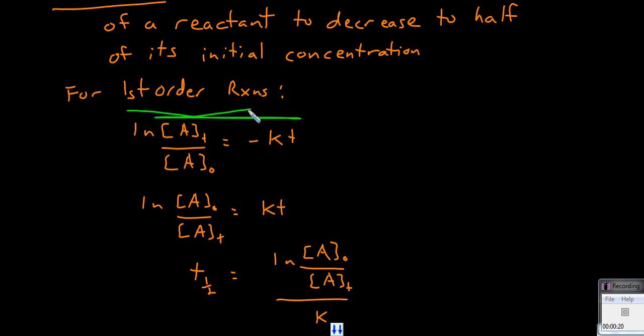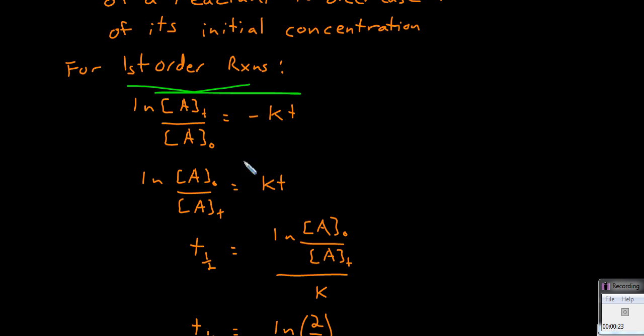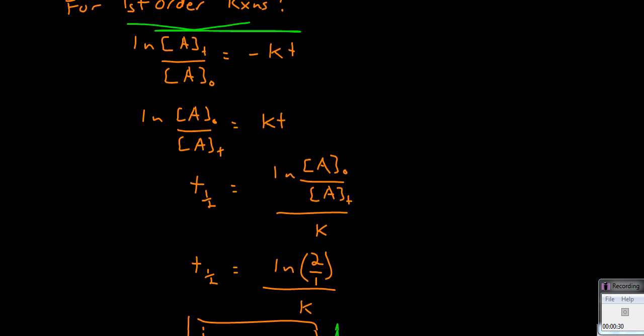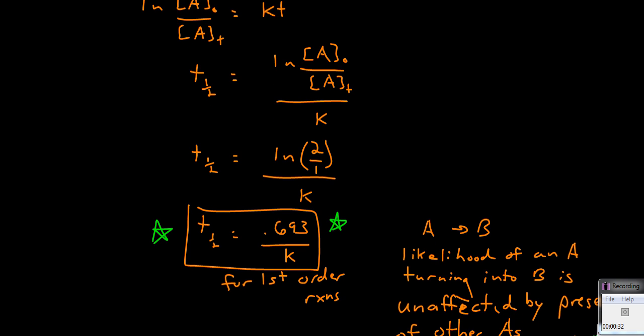For first-order reactions, you can take our first-order equation and rearrange it to find the time needed for half of your compound to react. You don't need to be able to derive this, you can just memorize this equation. The half-life, the time for half of your compound to react, is equal to 0.693 over k for first-order reactions.